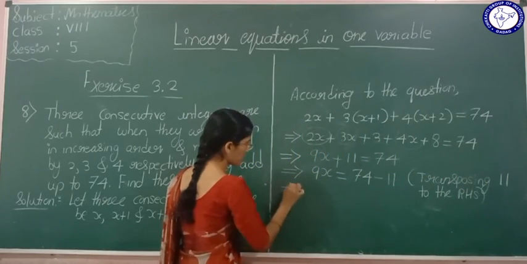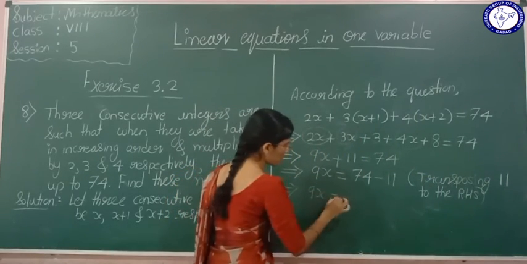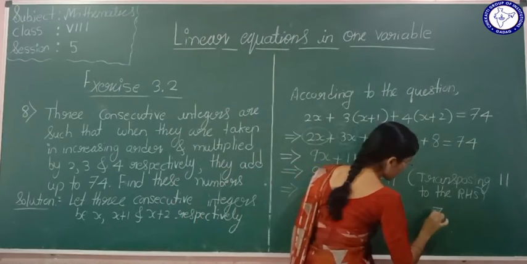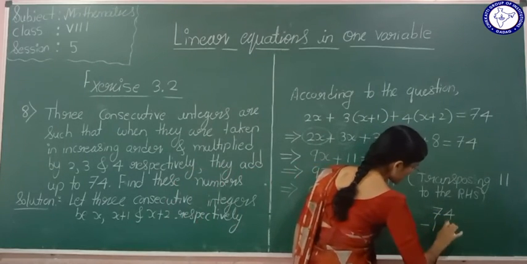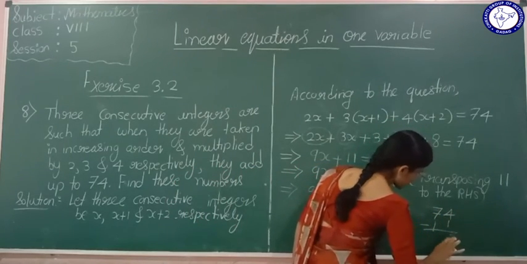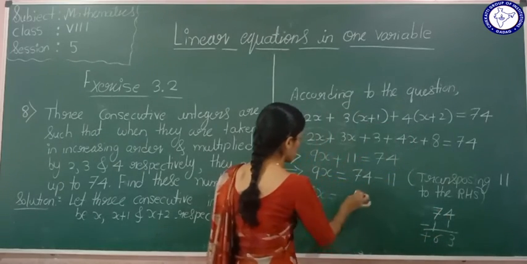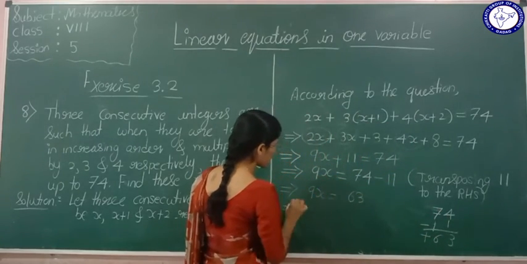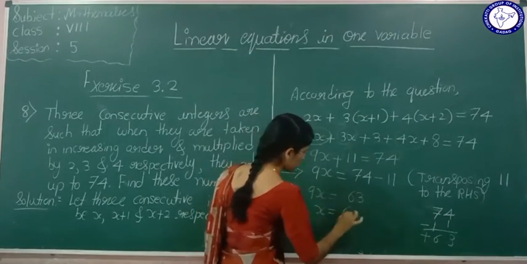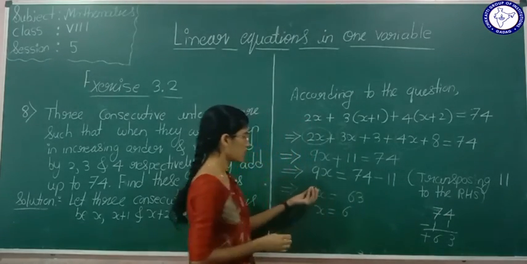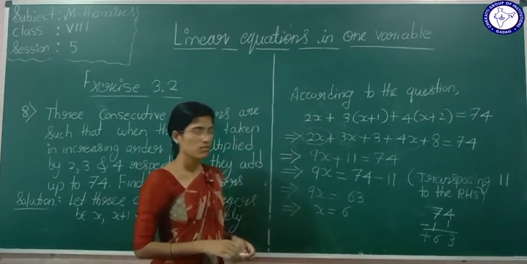So this implies 9x is equal to, what is 74 minus 11? 4 minus 1 is 3, 7 minus 1 is 6. It is 63. So this implies 9x is equal to 63. Now we want to know the value of x here. What we will do?